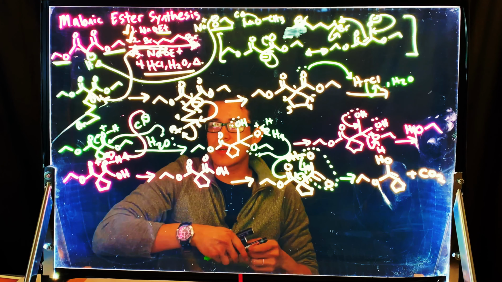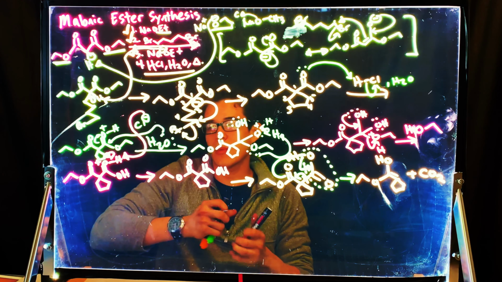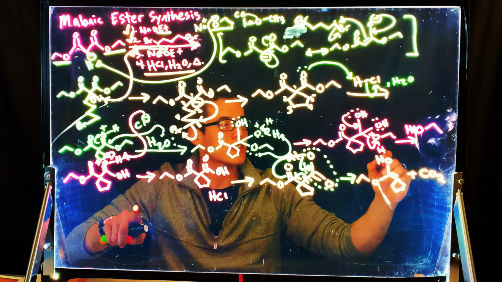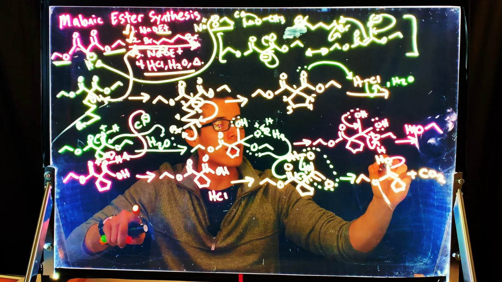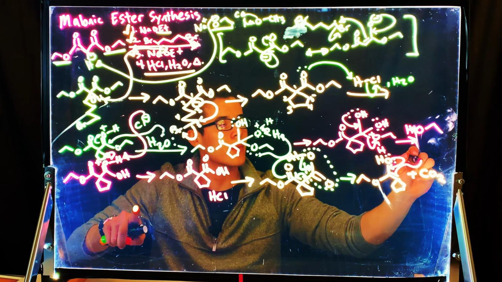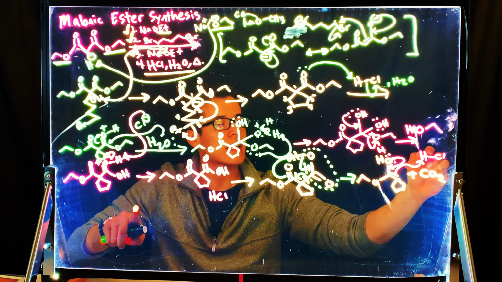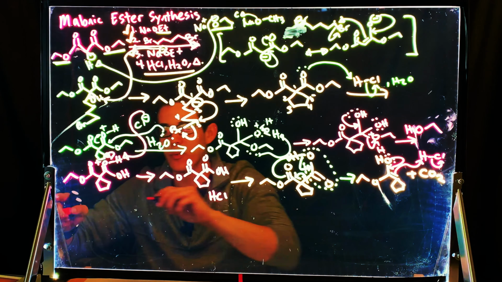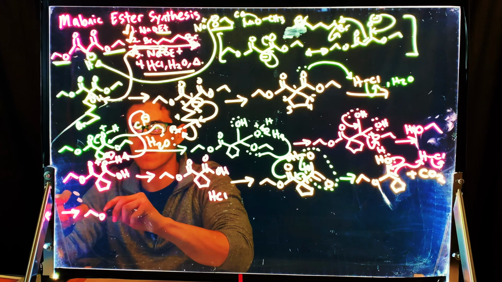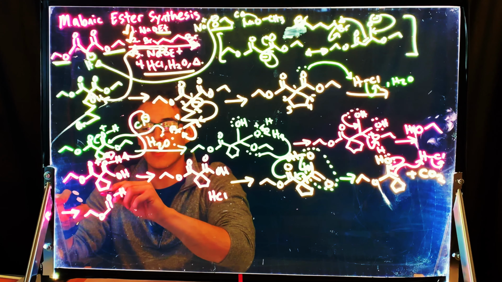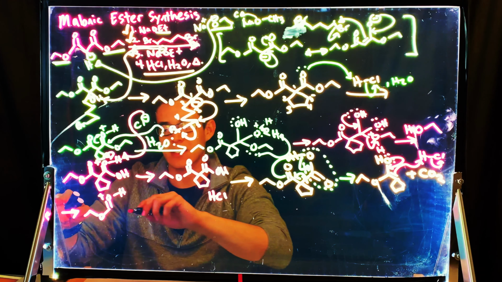Now, we have some HCl floating around from a previous step. This step we made HCl. So what can happen is this double bond, this OH here can come down to form a double bond, and this can go grab an HCl, just like that, okay? So let's go ahead and see what we get. So now we have double bonded O with positive charge on that.